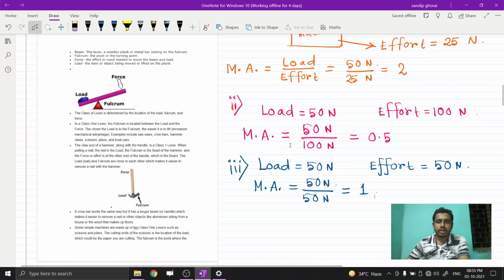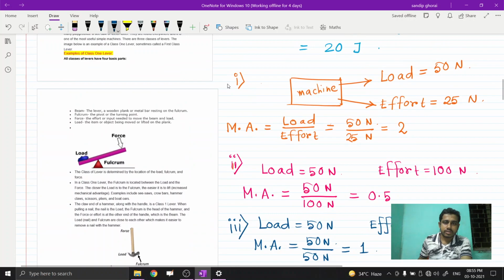Okay. So here we take three conditions. First one is actually mechanical advantage is equal to 2. So this is actually greater than 1.